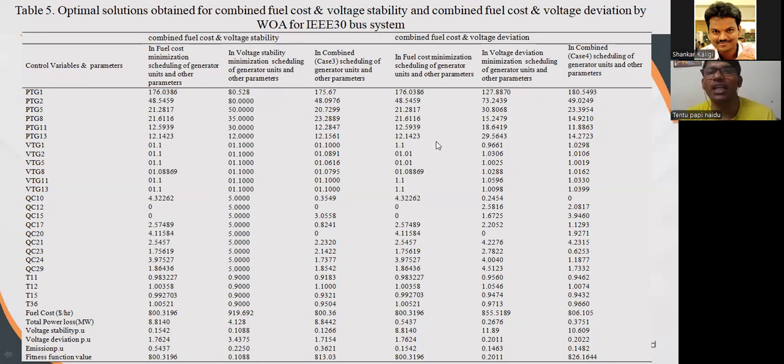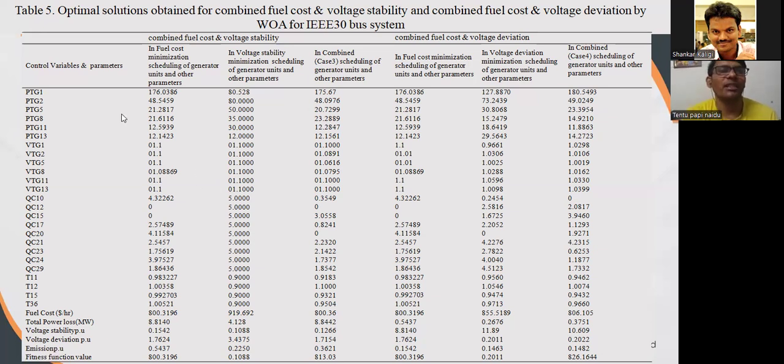Here the individual fuel cost is 800.3196, and the individual voltage deviation is 0.2011. Combining these two, the fuel cost is 806.105 and the voltage deviation is 0.2022. So likewise, we can reduce the total voltage deviation as well as the stability.